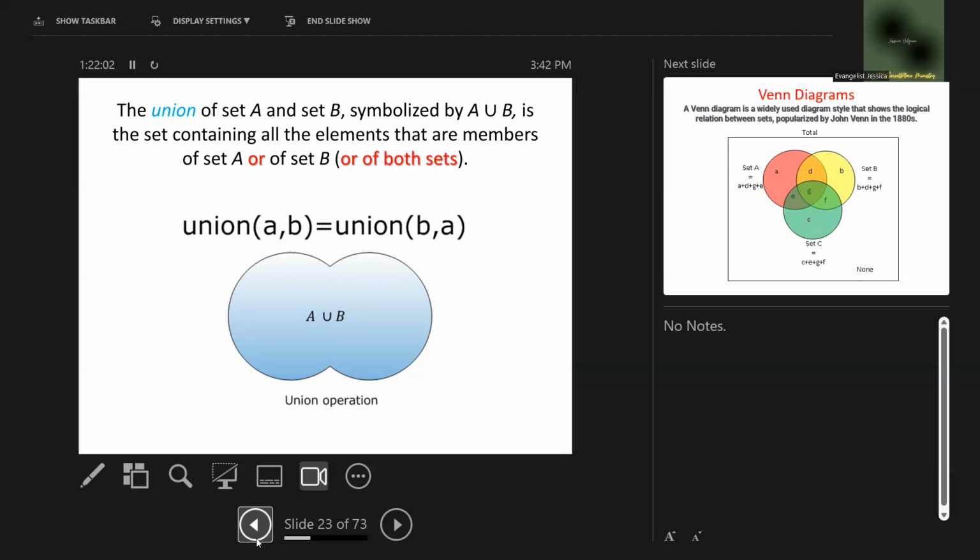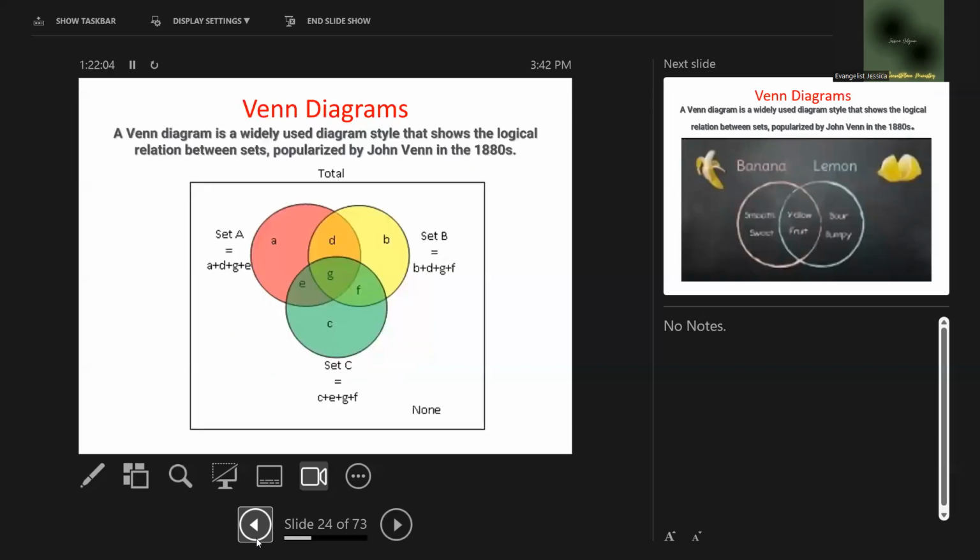Is that clear? Yeah. Now, we have something called a Venn diagram. A Venn diagram is a widely used diagram that shows the logical relationship between sets, and was popularized in the 19th century by John Venn.